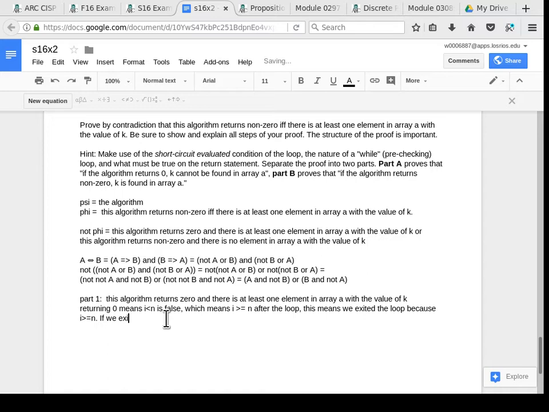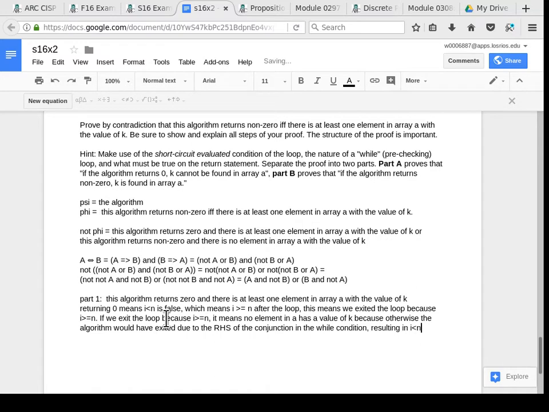If we exit the loop because i is greater than or equal to n, it means no element in A has a value of K, because otherwise the algorithm would have exited due to the right-hand side of the conjunction in the while condition, resulting in i being less than n.